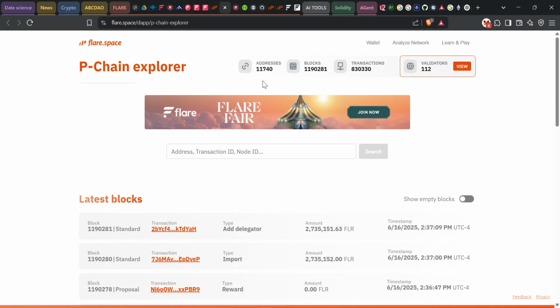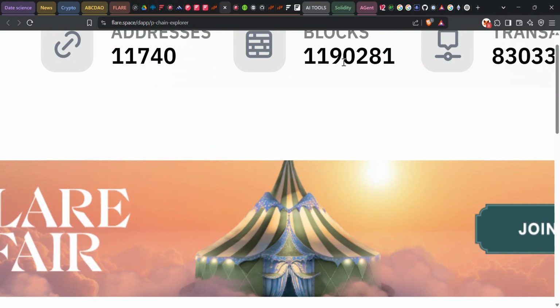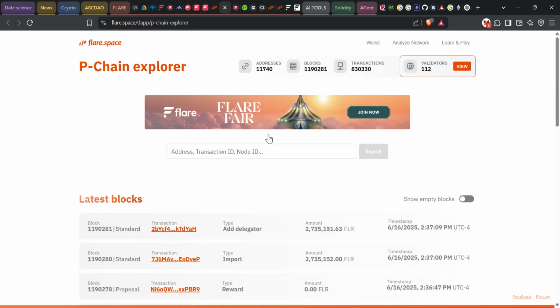As we can already see, there are 11,740 addresses. There are already 1,190,281 blocks uploaded to Flare. We also have 830,330 transactions already occurring.